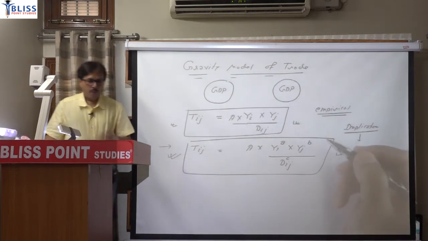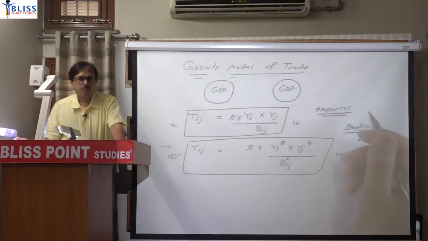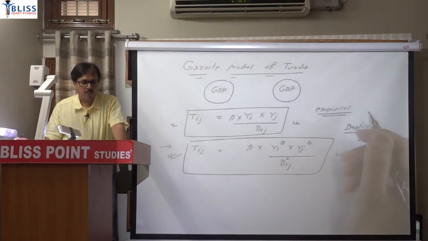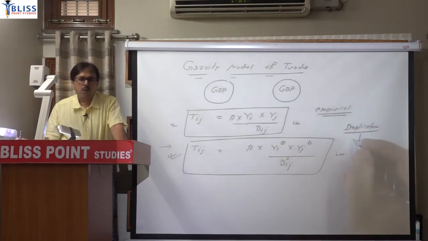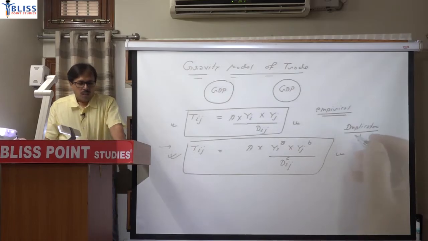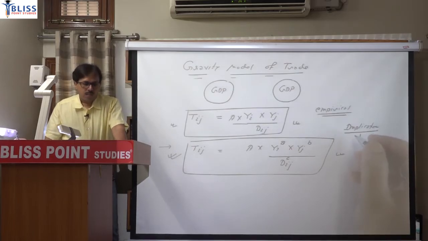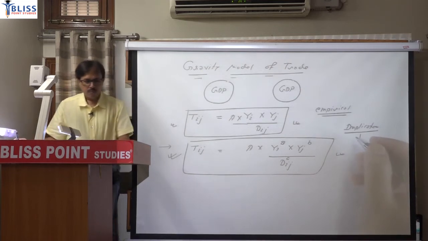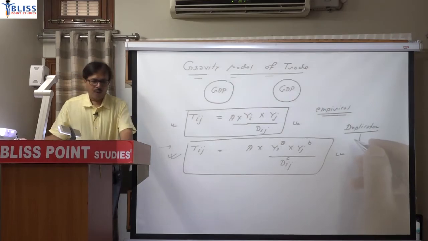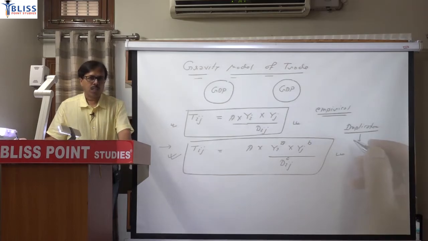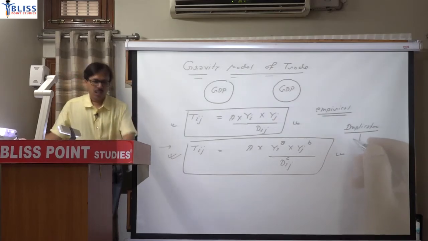Under that heading, next paragraph: gravity model has implications for emergence of a regional bloc, like the European Union or Asian countries, which support the idea that value of trade increases as distance between two countries decreases.